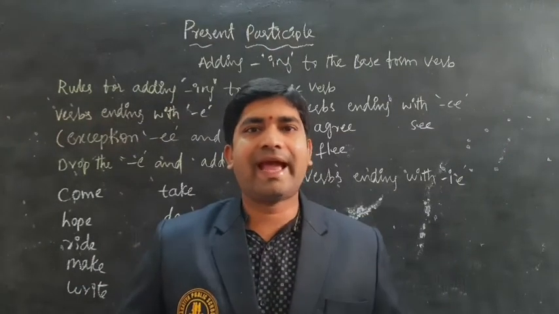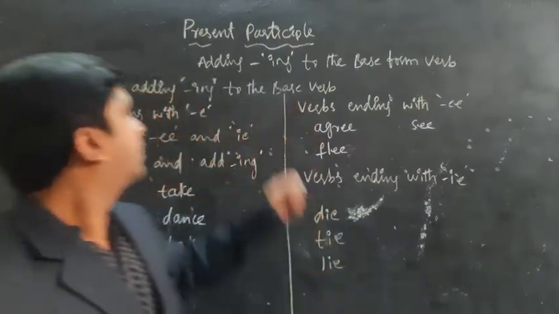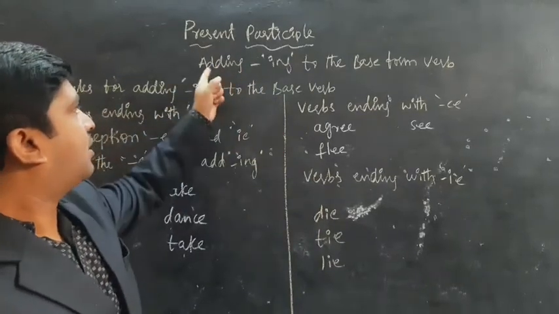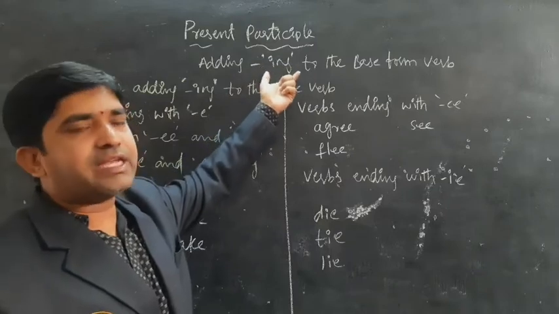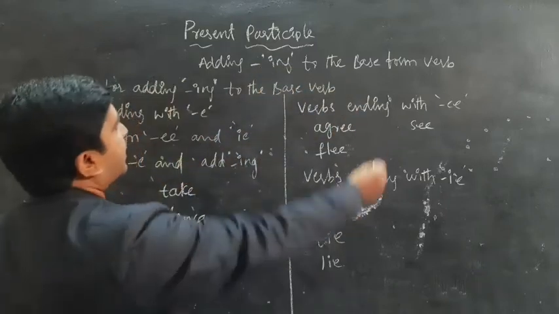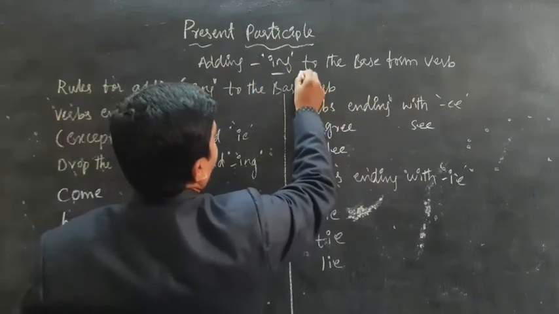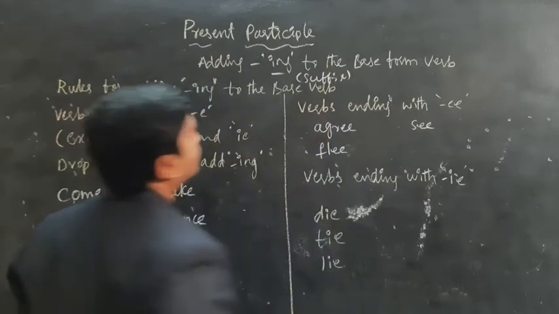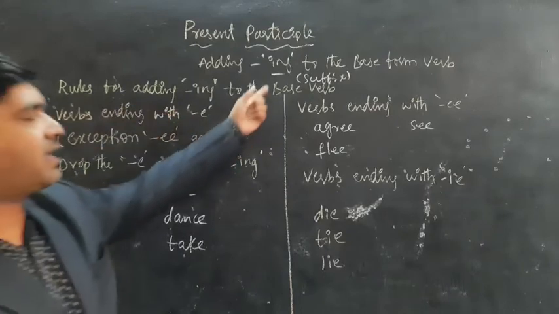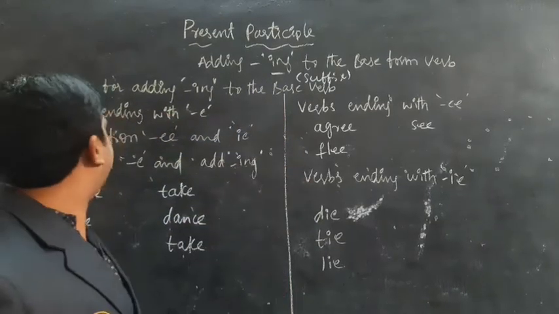We form the present participle by adding ing to the base form.